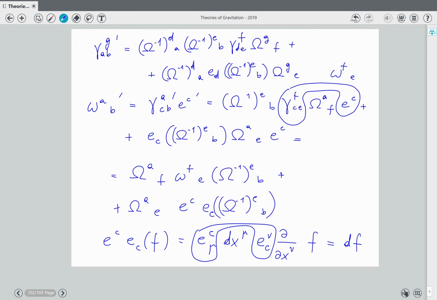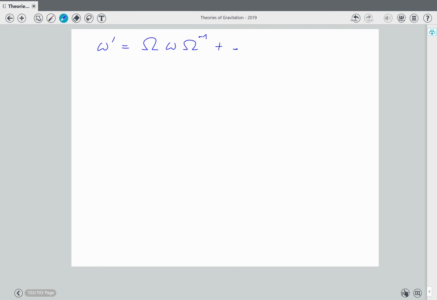And the last part is big omega AE D omega to the minus 1 EB. So that is omega D omega to the minus 1. That is the formula for the transformation of a connection under an arbitrary change of basis.